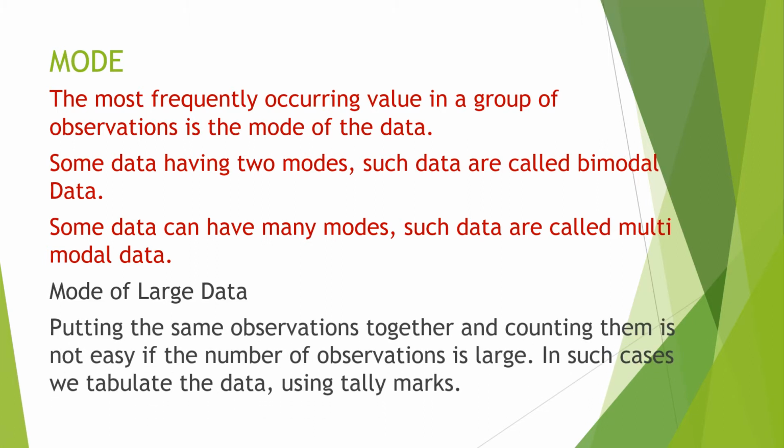Putting the same observations together and counting them is not easy if the number of observations is large. In such cases, we tabulate the data using tally marks, which makes it very easy to find the mode of the given data.